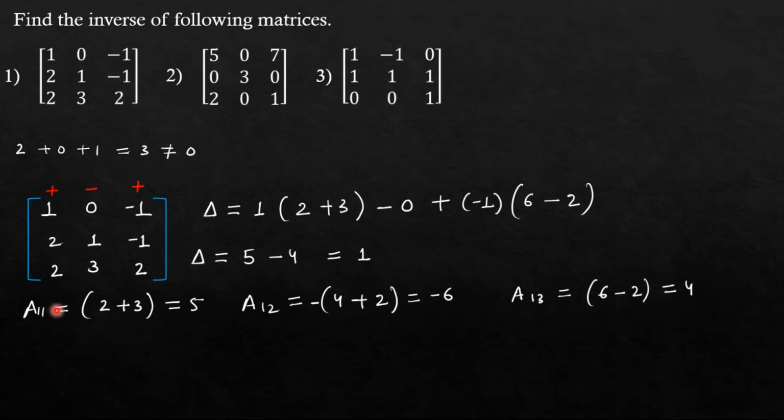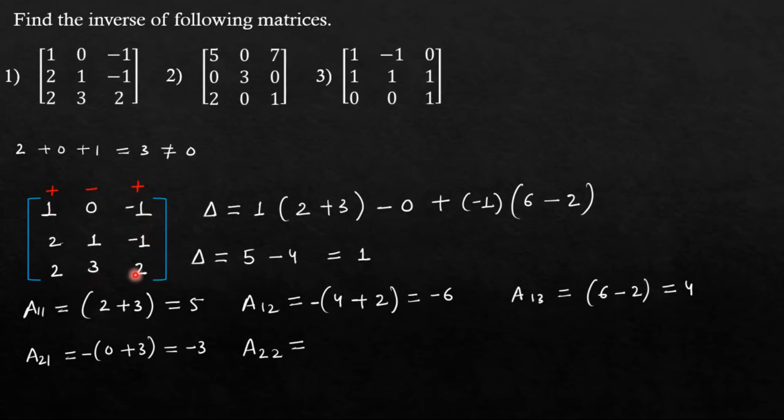Now this element A21, plus minus, with a minus sign. Now I will neglect this row and this column. So 0 into 2, 0. 3 into minus 1, minus 3, minus plus 3, which is equal to minus 3. Now this element A22, I will neglect this row and this column.